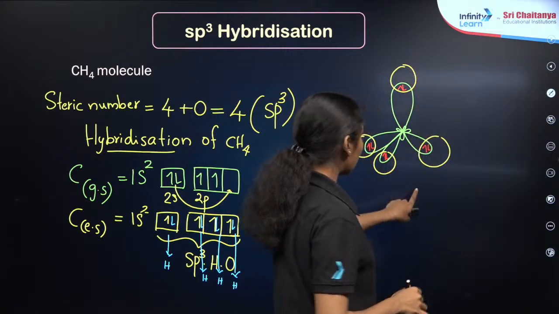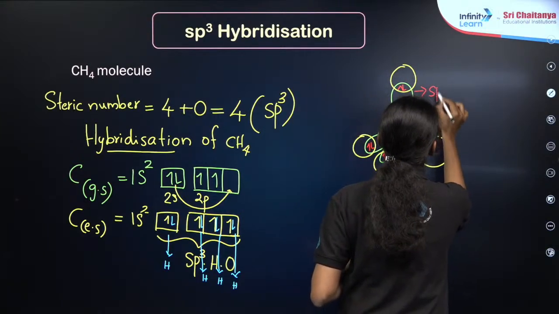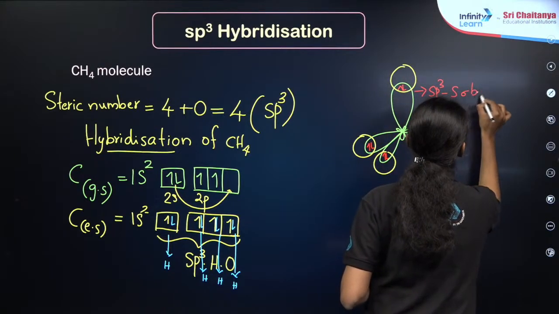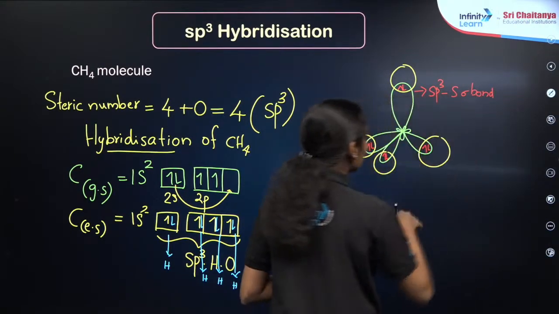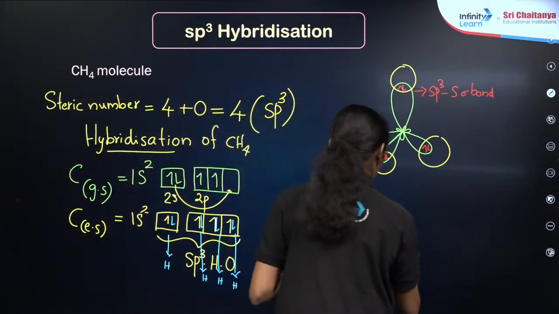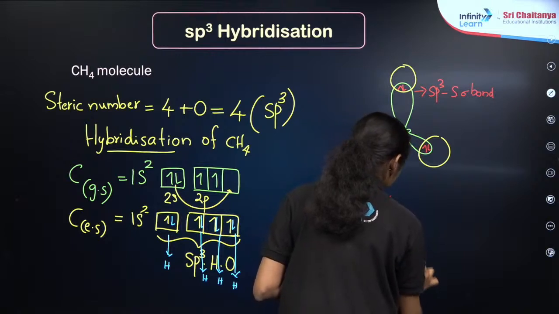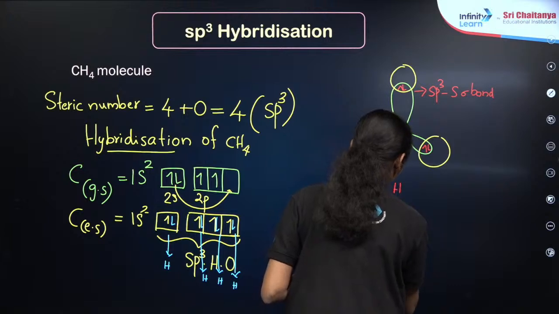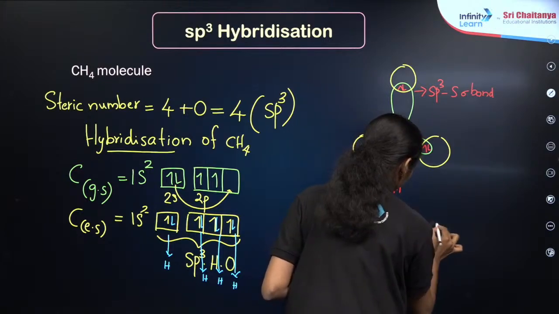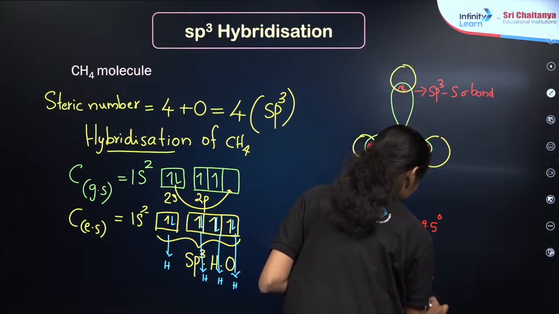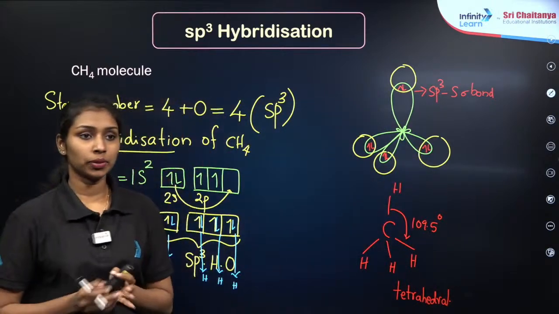First it forms the sp3 hybridization, then it represents the sp3-s sigma bond, right? It is axial overlapping, so it forms the sp3-s sigma bond. In total 4 sp3-s sigma bonds form here. That is why we get the structure of CH4 like this. CH4 has a bond angle of 109.5 degrees and its geometry is tetrahedral. Clear?